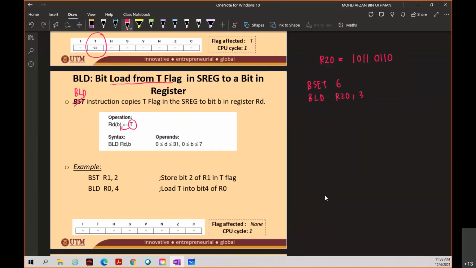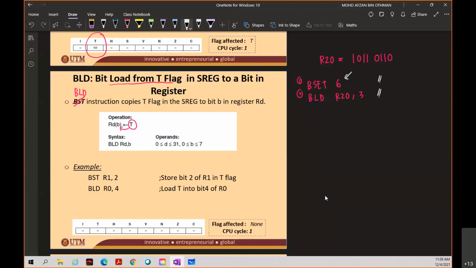So what happened here? You have two instructions here. What does the first instruction do? Anyone? Copy the value to the T flag.